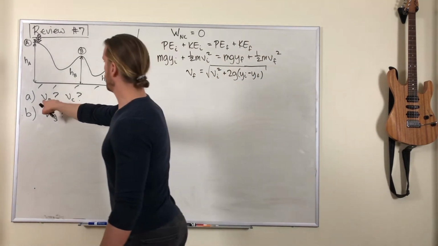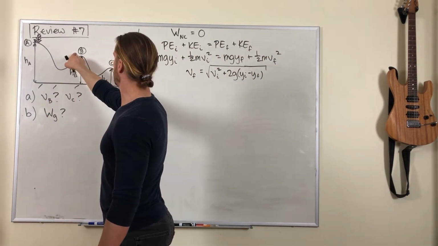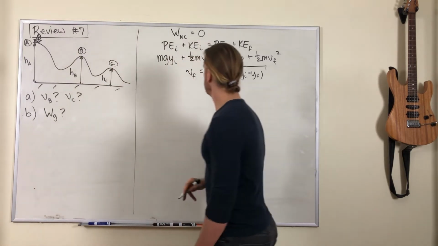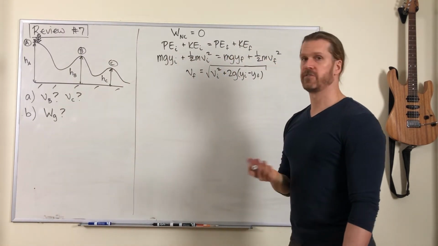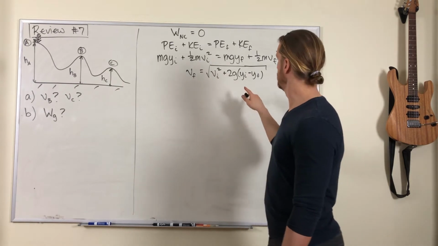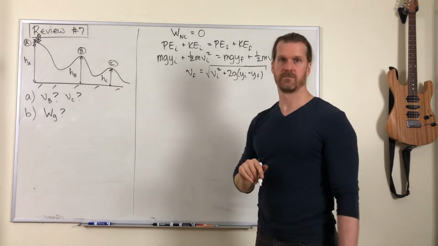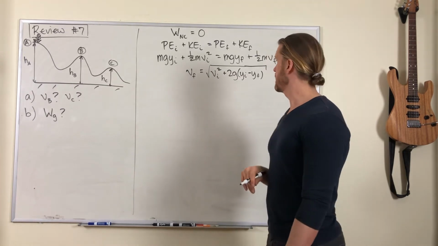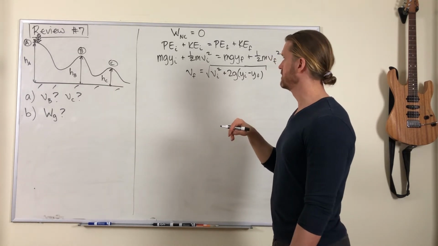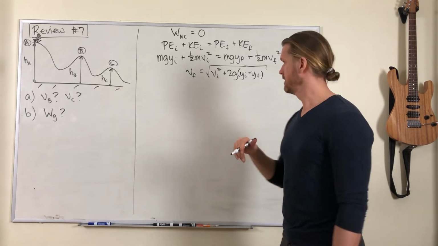So to answer these questions, what's the speed at point B? What's the speed at point C? All you need to do is substitute your values for point A for initial and your values for point B for final.